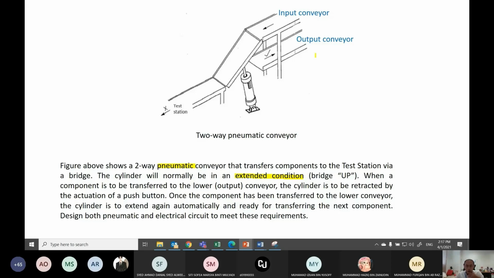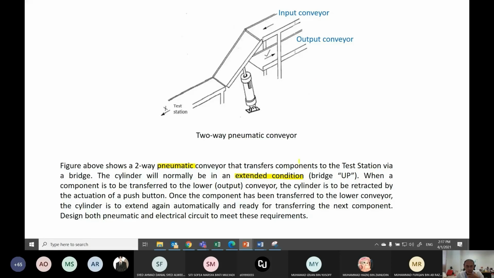The lower output conveyor is down here. First you have to understand the whole process of the system. From the input, the component will be sent to the test station, and once the test is done, you need to send the tested component back to the output conveyor.